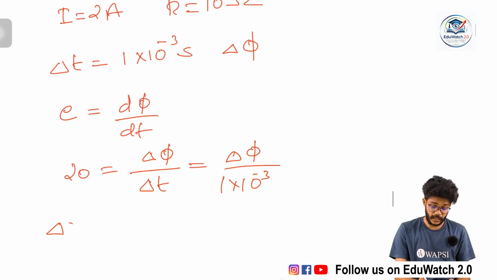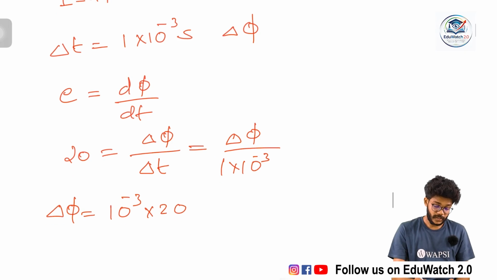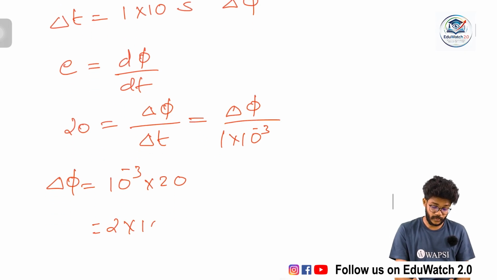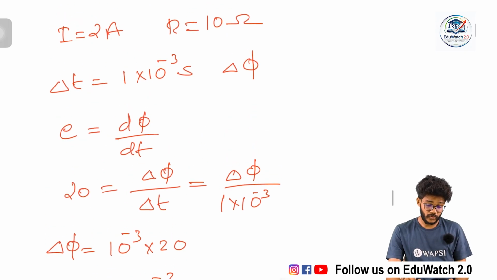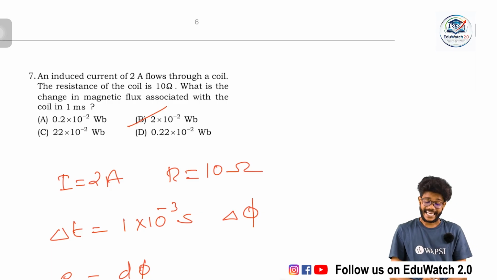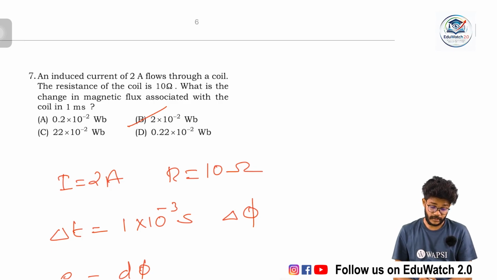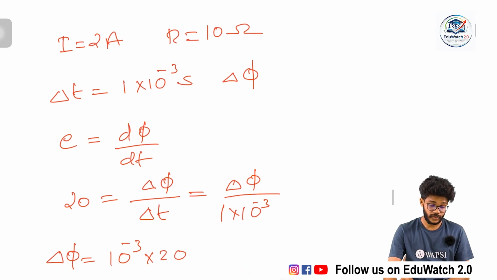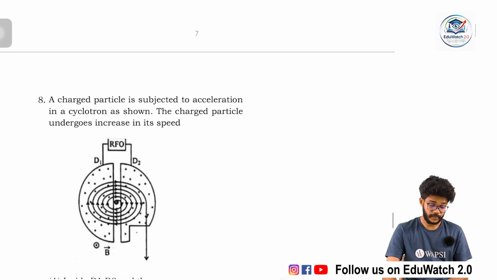So change in phi is equal to 10 raised to minus 3 into 20, which is equal to 2 into 10 raised to minus 2 Weber. Option B is our correct answer, and yes, we can move to the next question.